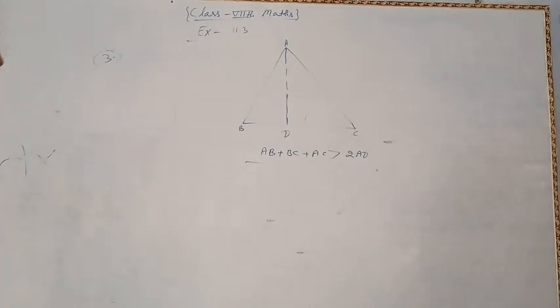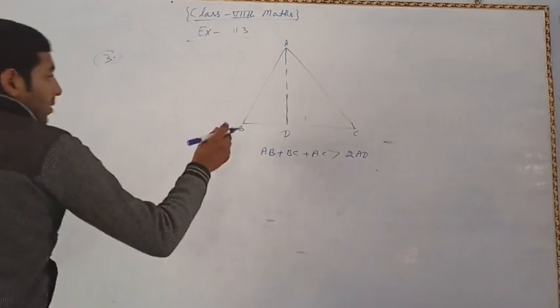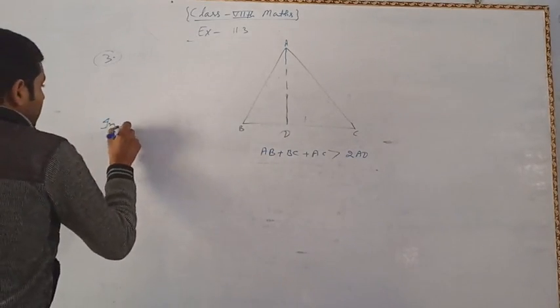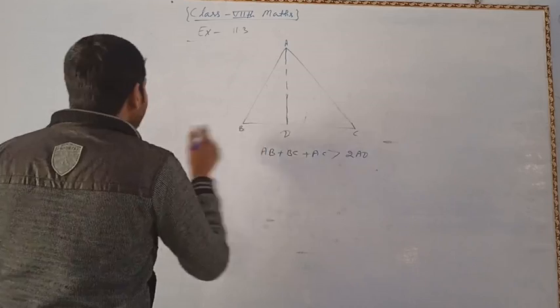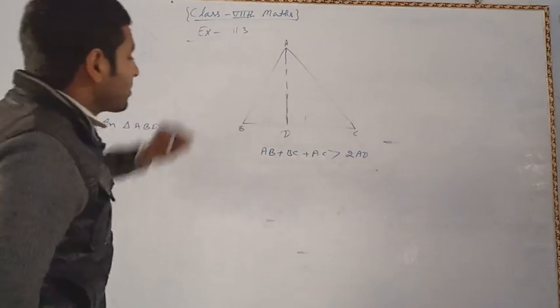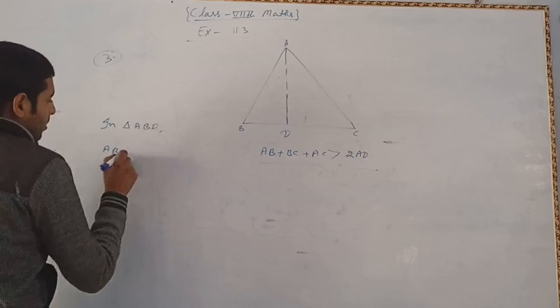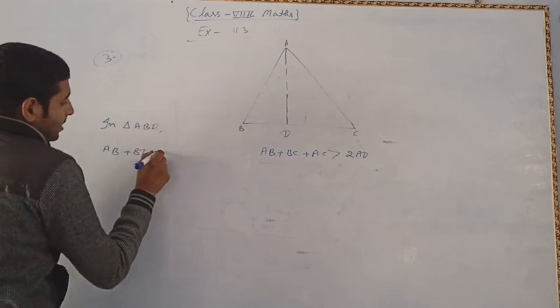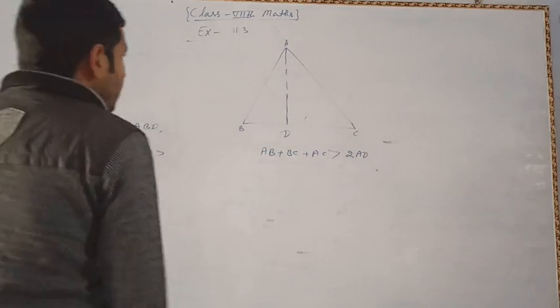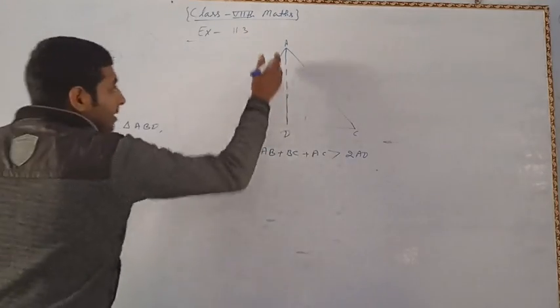So first of all, in triangle ABD, we find that AB plus BD is greater than AD.